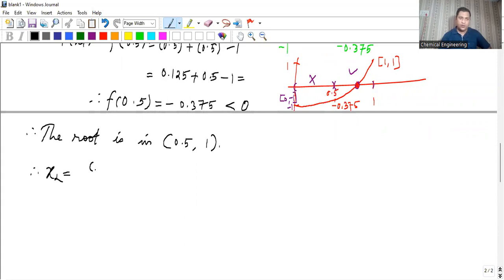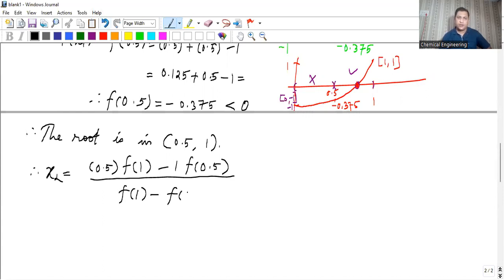So we can have 0.5 into f of 1 minus 1 into f of 0.5, and then here we have f of 1 minus f of 0.5. I'll write here for reference: a is equal to 0.5 and b remains the same. Is that okay?